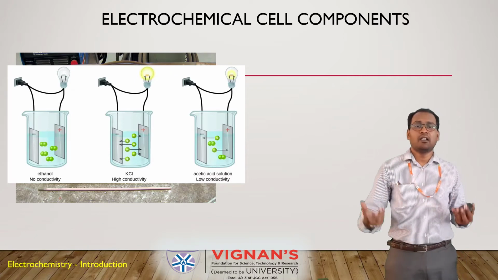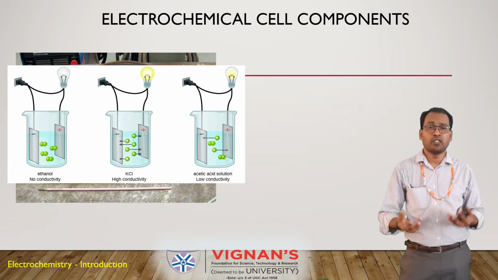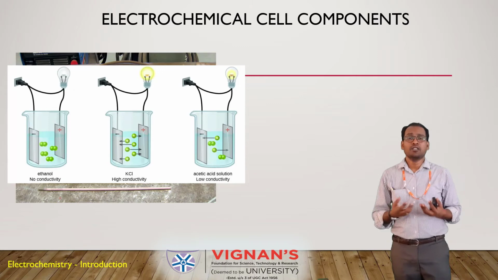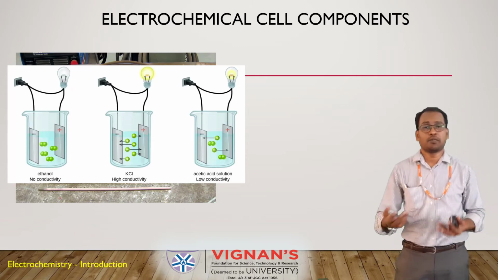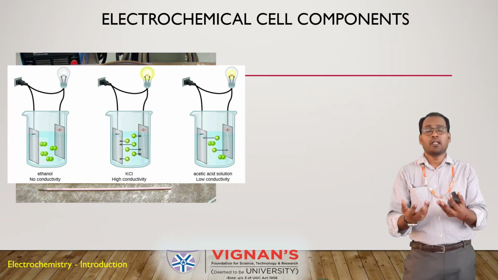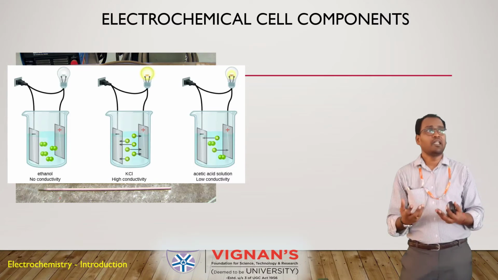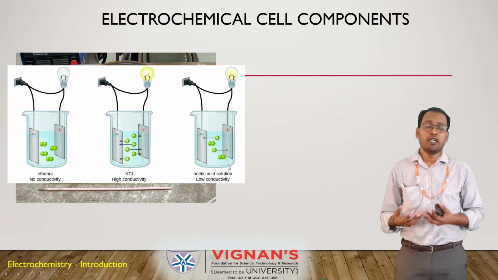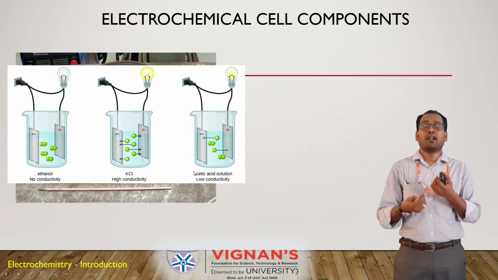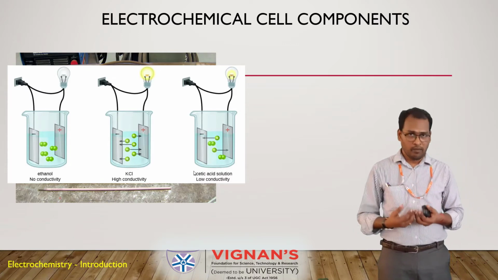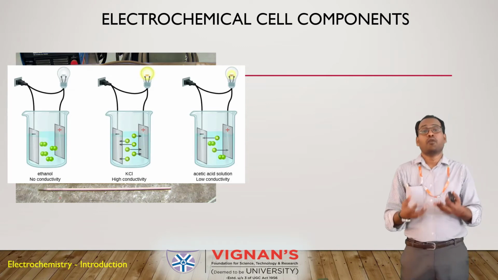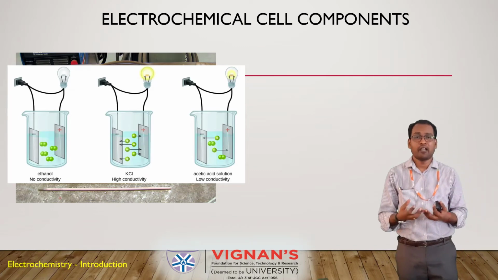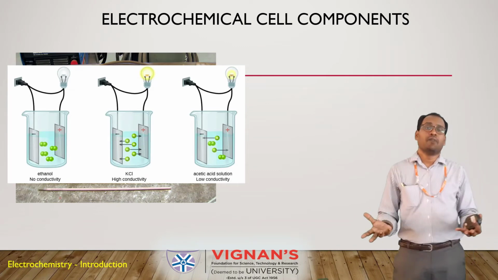For example, sodium chloride, which gets dissociated into its respective ions. The other one is a weak electrolyte, which takes time and will be in equilibrium with the undissociated salt, and the release of ions will be very, very limited. So weak electrolytes take more time to get dissociated, whereas a strong electrolyte dissociates very fast.